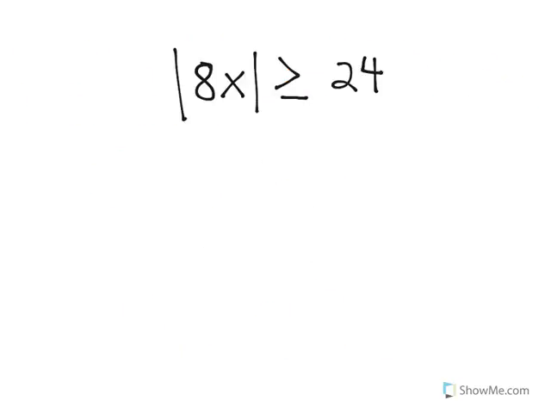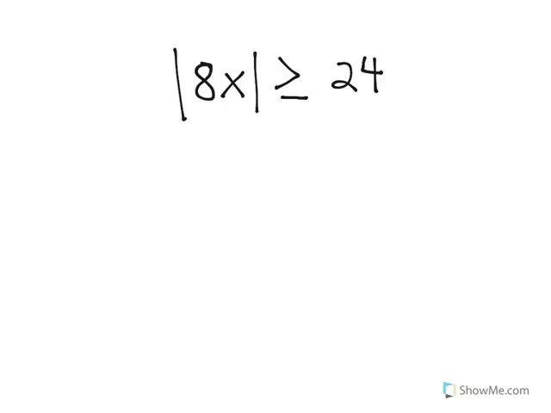Now let's take a look at a couple absolute value inequalities. We're going to do the same process that we did with the equations. We're going to set up a pair of inequalities. So in our first example, we have the absolute value of 8x is greater than or equal to 24.